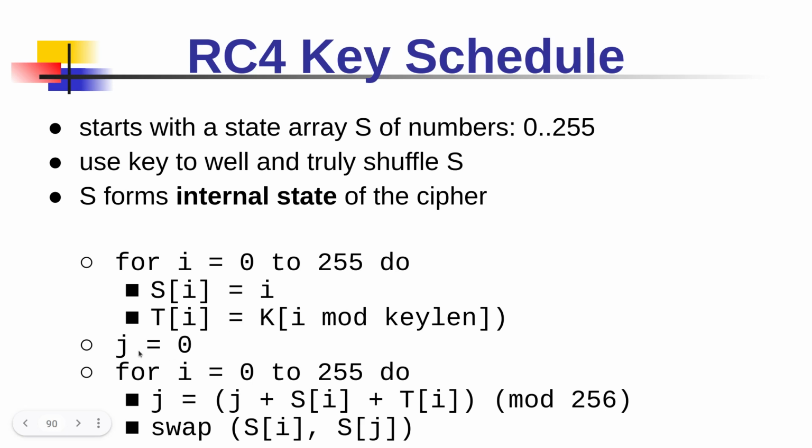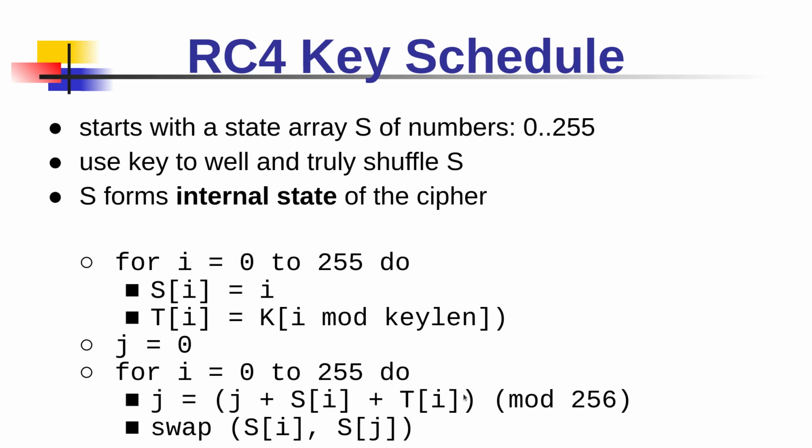Then we go for the actual swapping of the S elements in that state array S. First initialize j equal to 0. For each value i from 0 to 255, the j value is calculated by adding the previous j value plus S[i] plus T[i], and then mod 256.